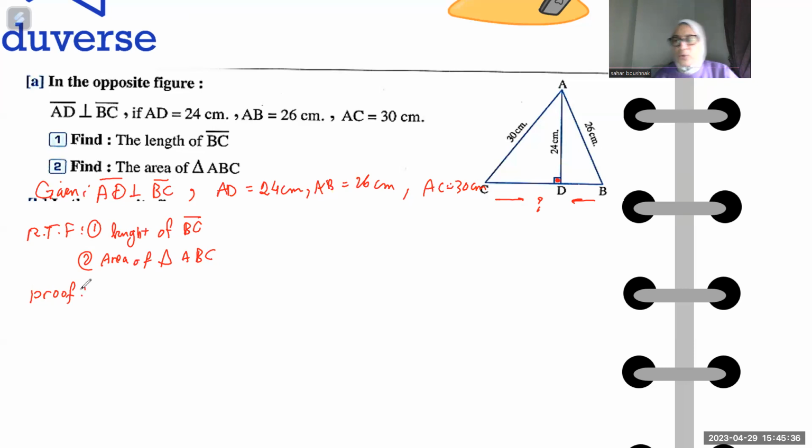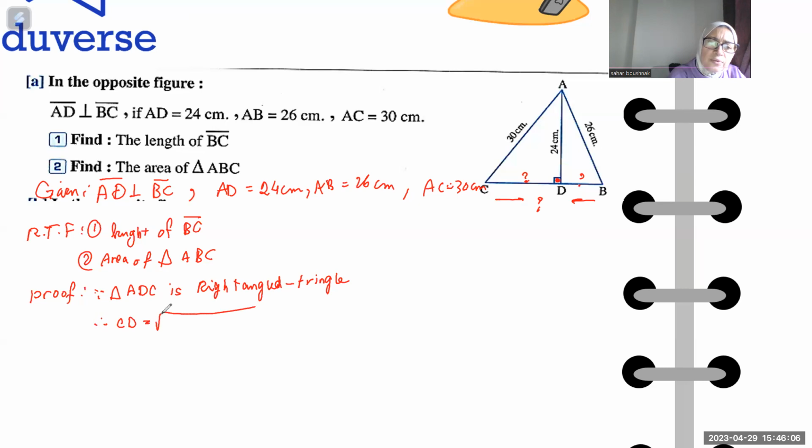Okay, in the beginning, to find the length of CB, I will divide it into two pieces. So I will find CD first, then DB second. Since triangle ADC is a right angle triangle, then CD equals root of 30 squared minus 24 squared.